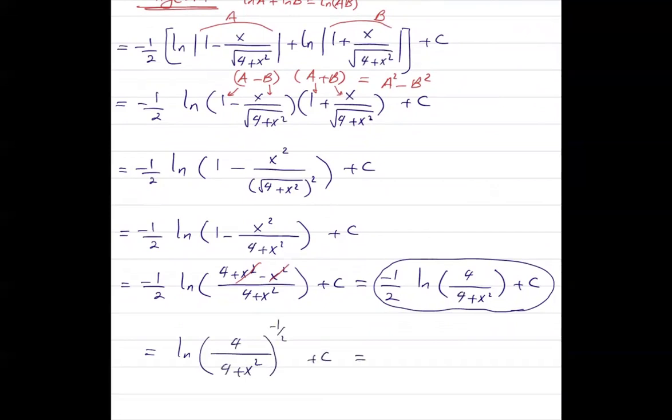But this can be written as ln of, let me just switch this because you have a negative exponent, 4 plus x squared divided by 4 to positive a half plus c, or you get ln of square root of 4 plus x squared divided by 2 plus c.